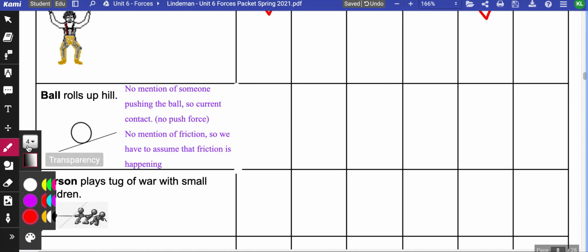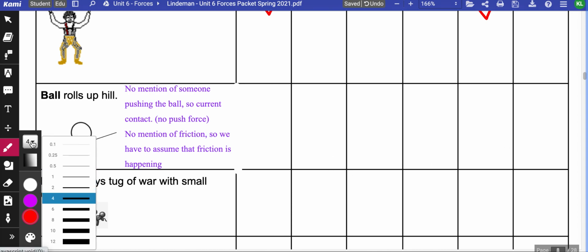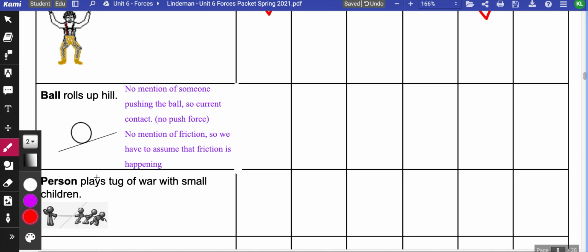But with physics, we are going to either be told that there is a frictionless surface, or we're not going to be told anything. So if it's not mentioned, you can assume that the surface has friction. We are always assuming the surface has friction.